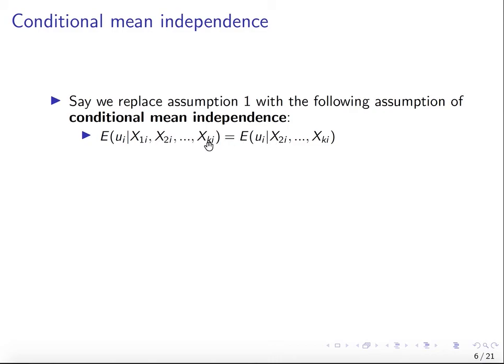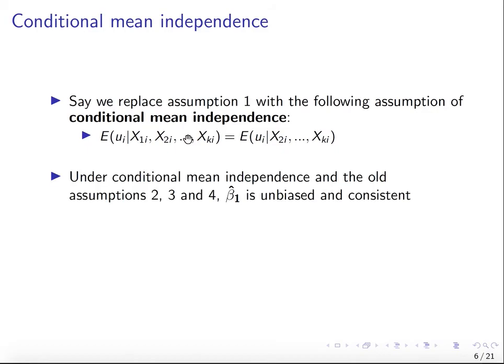Okay, so the only way by which this equality is going to hold is if the expectation of ui given x1 is 0, and then if it's the case, then these two conditional expectations are equal to each other.